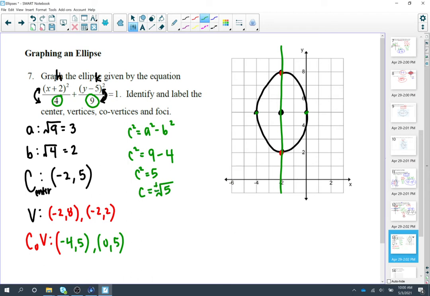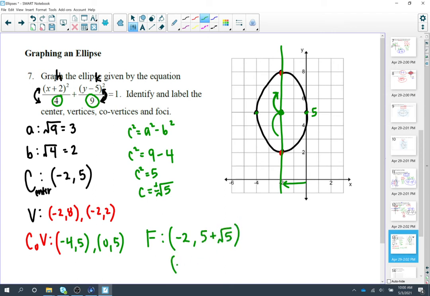Now, let's think about that for a minute. You're at your center. You have to go up √5. You have to go down √5. Well, this is already at 5. So you're at 5, and you're going to go up √5. So your first focus is at -2, 5 plus √5.